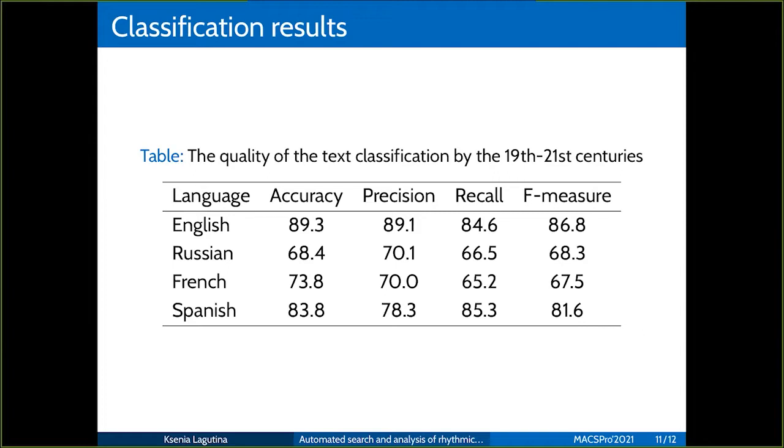They are less than 70% F measure. So with rhythm features separately, we get quite good classification for English and Spanish, and for Russian and French we need to use other statistical features to classify texts by centuries better.